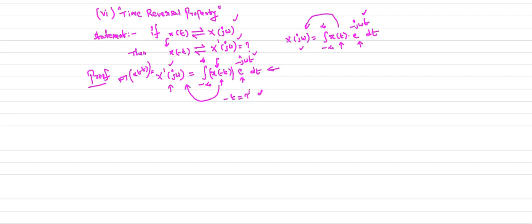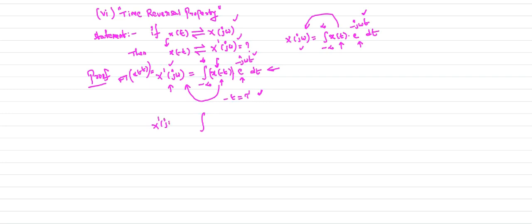Here I change the variable, minus t to tau. Previously this formula is with respect to dt. Now I am going to change my variable t to tau, so I replace minus t by tau. Now what is my lower limit for tau?